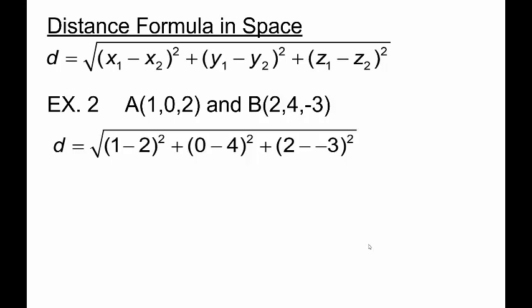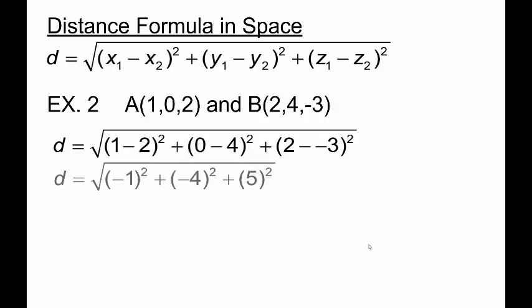So using order of operations, I want to simplify in the parentheses first and then we'll work our way out. So in the first set of parentheses, 1 minus 2 becomes -1 squared. 0 minus 4 is -4 squared, and then 2 minus -3 becomes 5 squared.